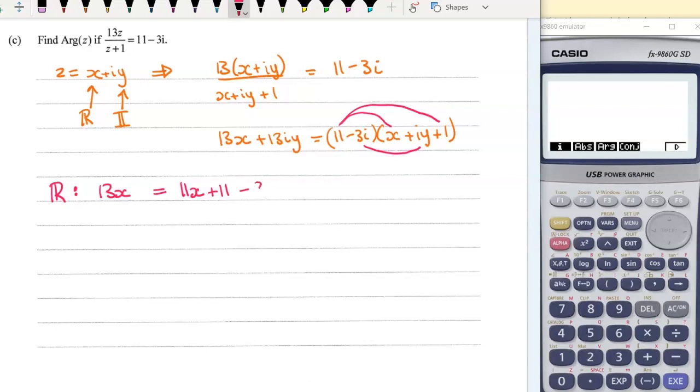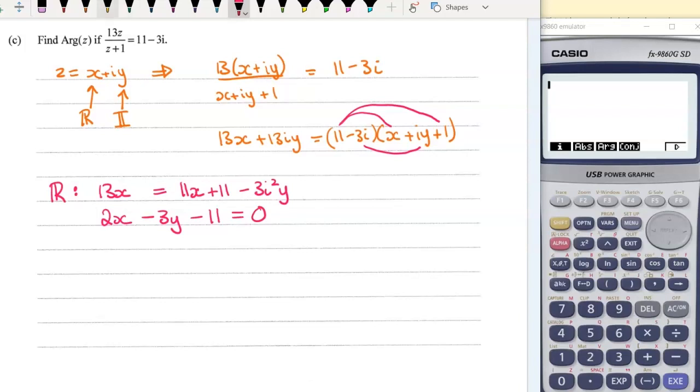That would give me 3i squared y, and then the i squared would be equal to minus 1. So we have, well, 13x, let's move everything to the left-hand side. So 13x minus 11x is 2x. This here becomes plus 3y, and then we take it over to the other side, it's now minus 3y. Minus 11 as we take that over to the left is equal to 0.